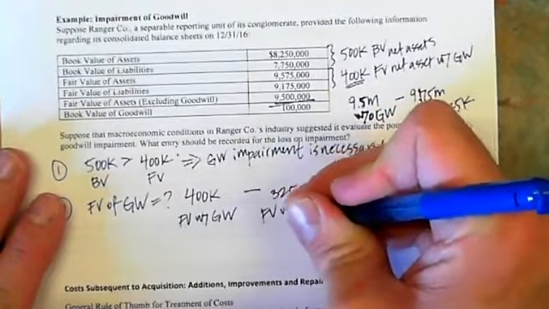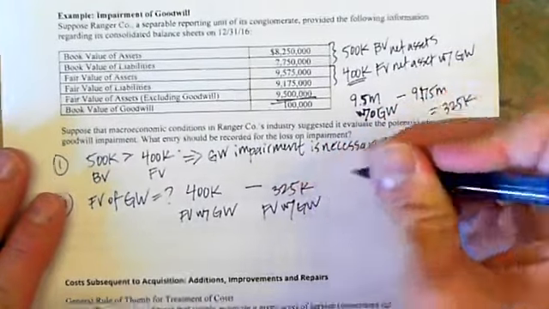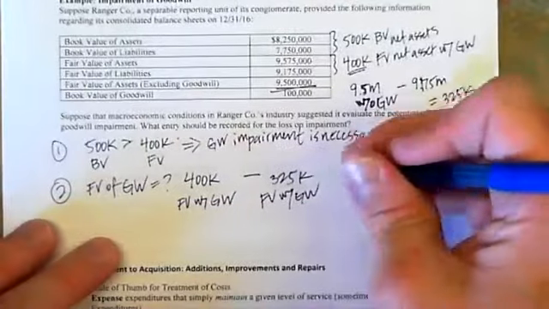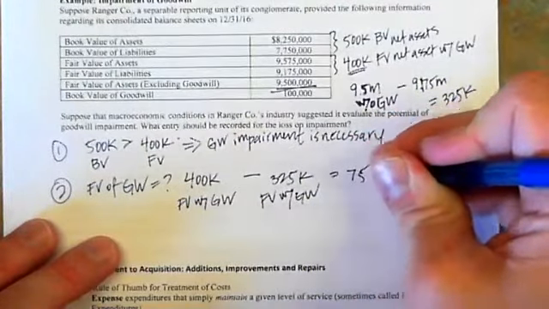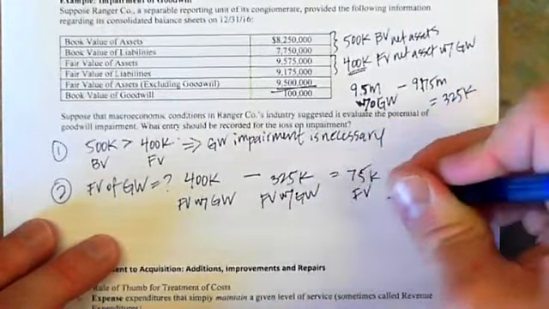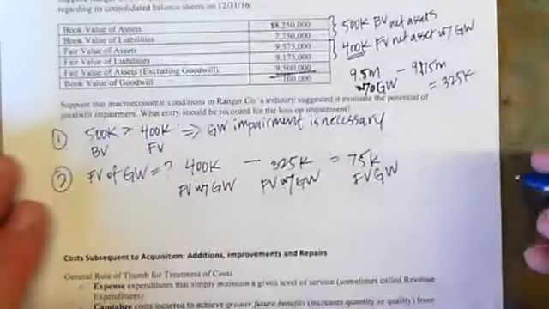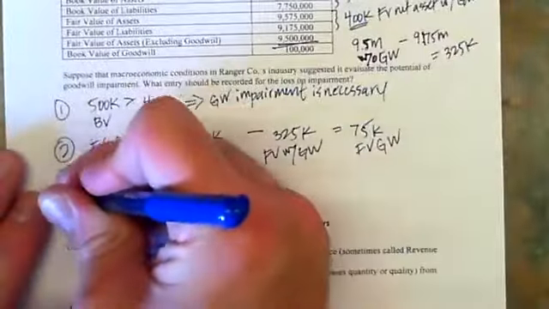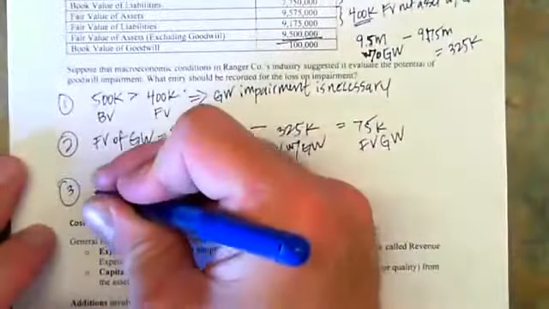That's my fair value without goodwill. Again, remember this is net assets. That's my fair value of goodwill. Now that I have my fair value of goodwill, how much do I impair it by?